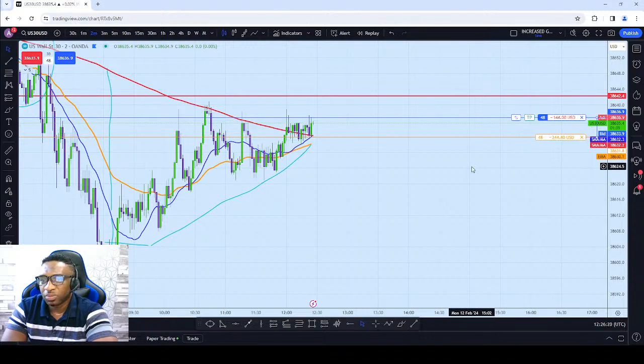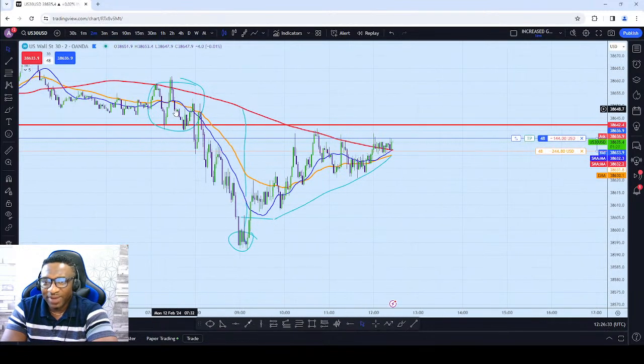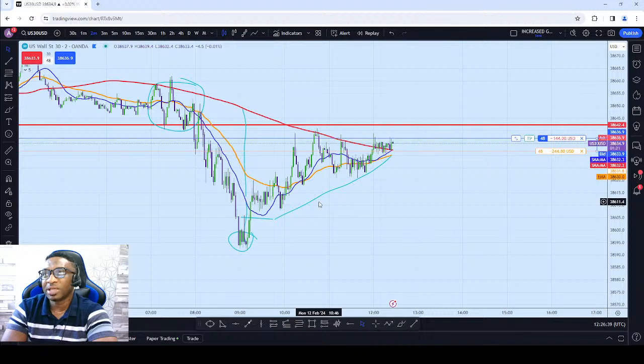As I said, with all this analysis, I don't really know what is going to happen, but with what we have identified in regards to what price always does, it moves from one zone or key level to another.